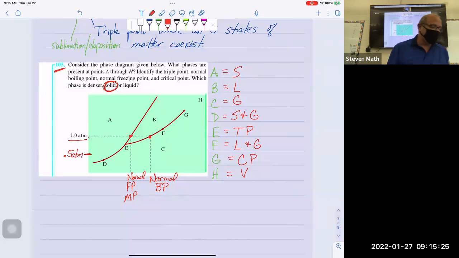We go to 0.5 atmospheres. As we come across, look what happens. You can have a sublimation point, but you don't have a freezing point and you don't have a boiling point. You have no liquid phase.